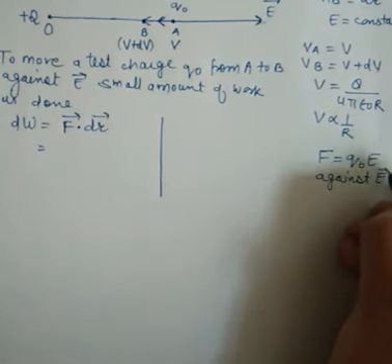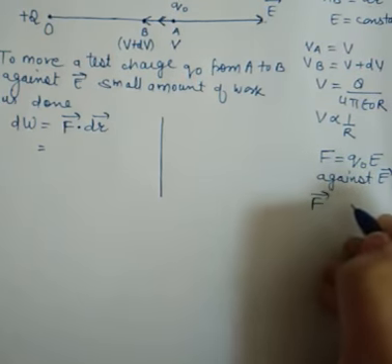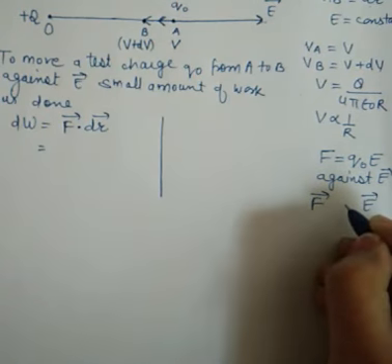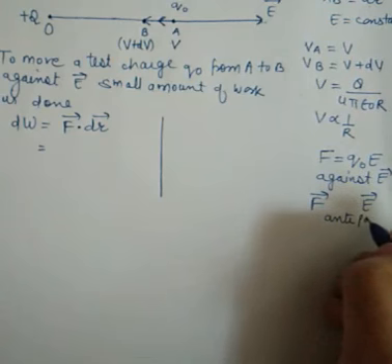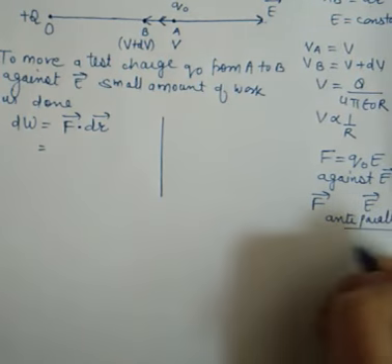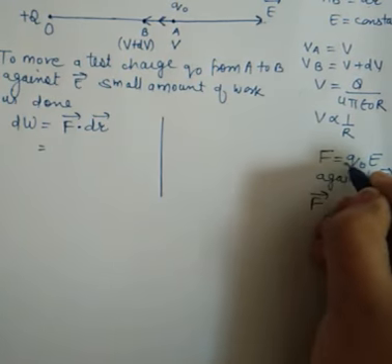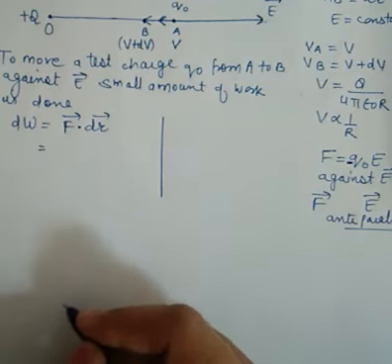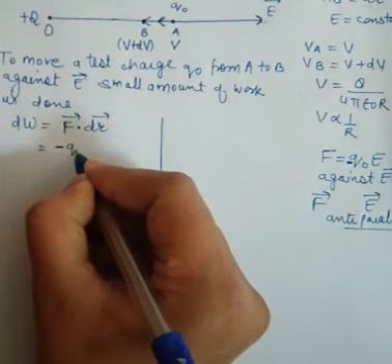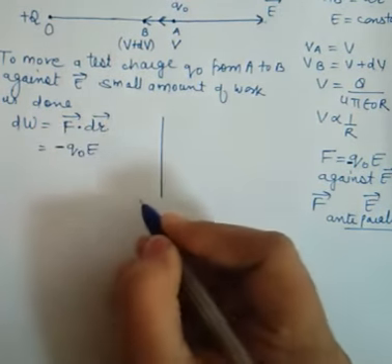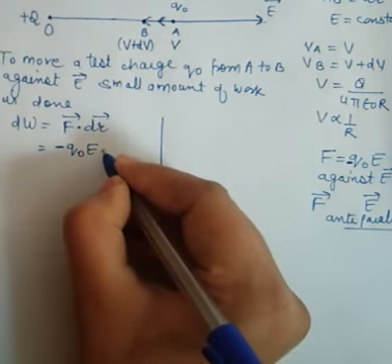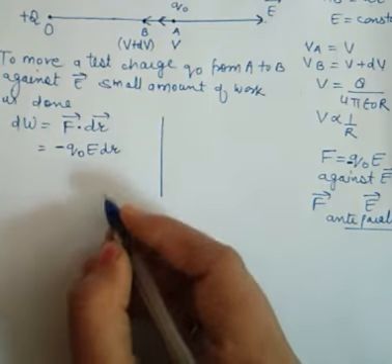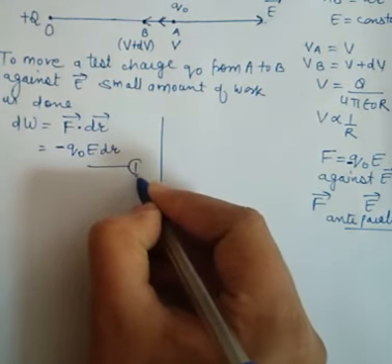Against the electric field means force and electric field vector are anti-parallel, in opposite directions. So I will take a negative sign here. So F is equal to minus Q naught E, and the displacement we are taking is dr. So this is equation number 1.